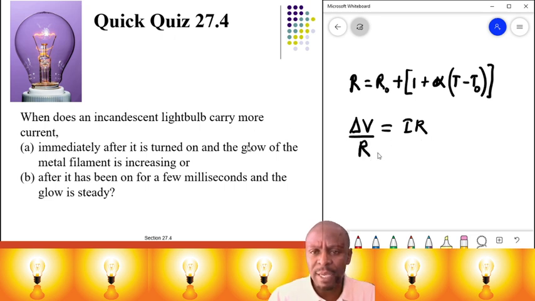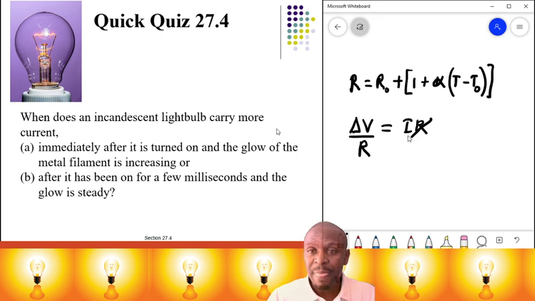When the filament of this light bulb is at room temperature, the resistance is low, and if the resistance is low, the current is high. But the moment the temperature increases, when the filament is heating up, the resistance is high, and when the resistance is high, it will mean the current is low.